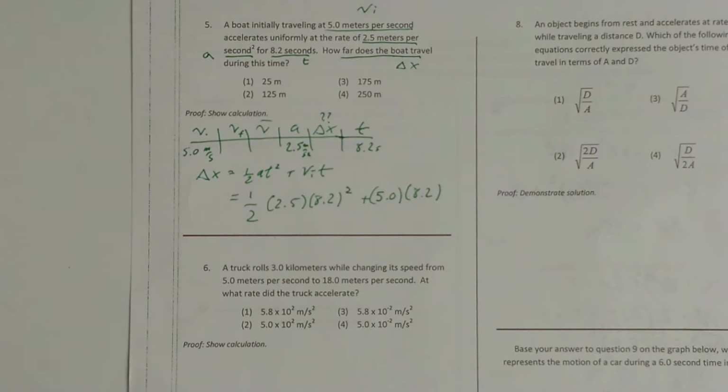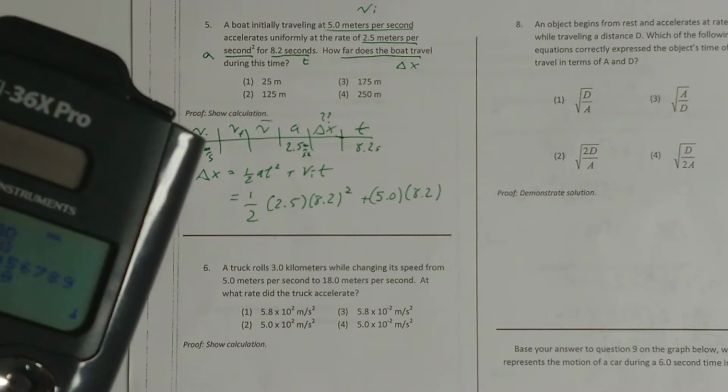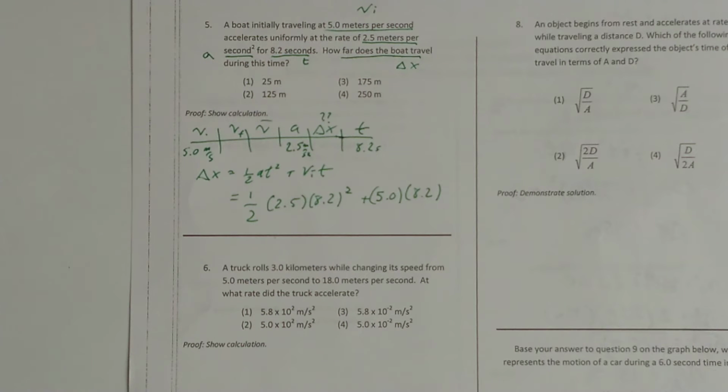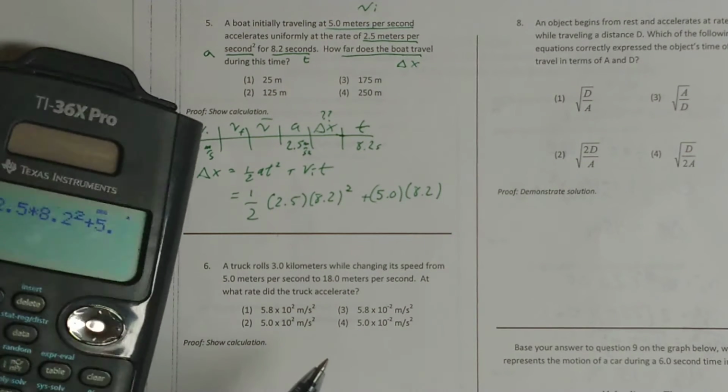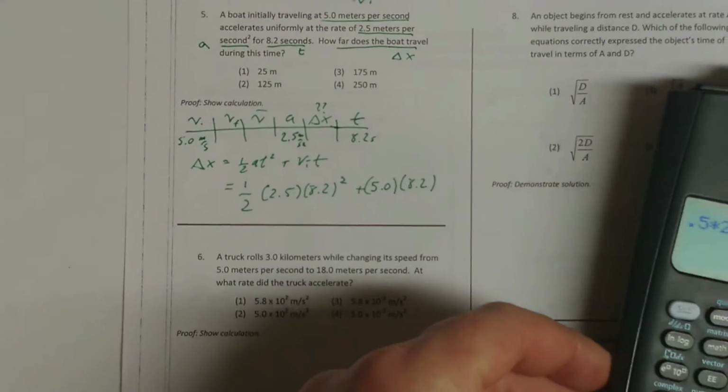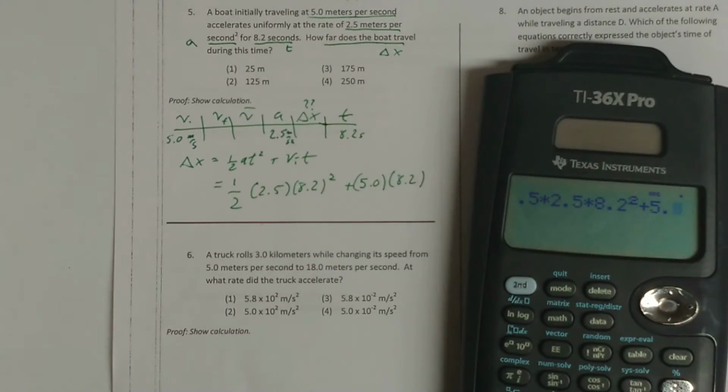Alright, so anyway, I'm going to finally remember to bring my calculator home. 0.5 times 2.5 times 8.2 squared plus 5.0 times 8.2 equals 125 meters.